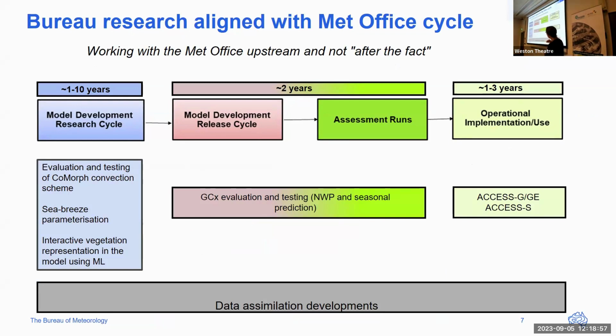But our main focus is in that little area there, looking at evaluating and testing a new configuration. That evaluation and testing would eventually feed back into the development process. I'm not going to talk about data assimilation today.